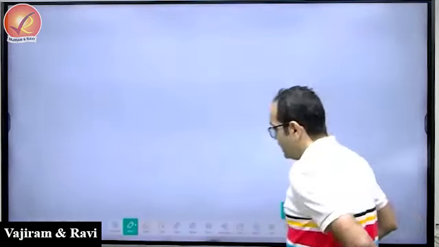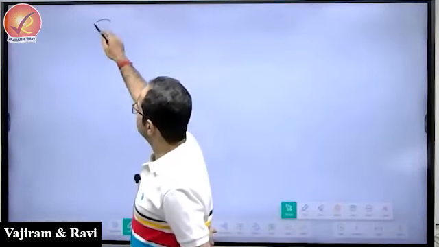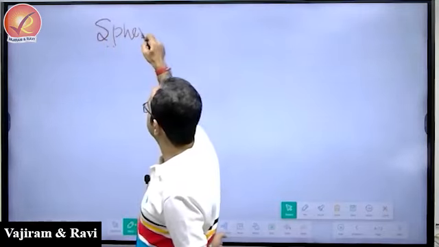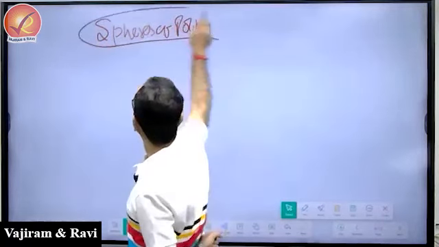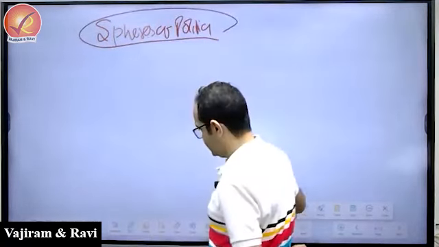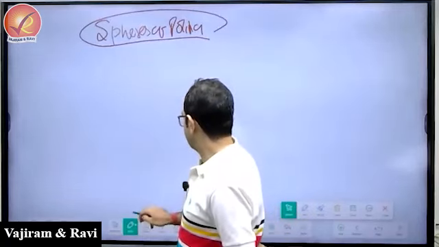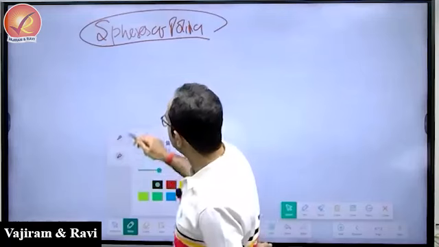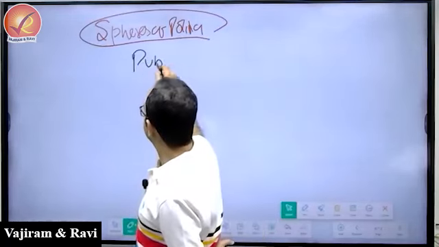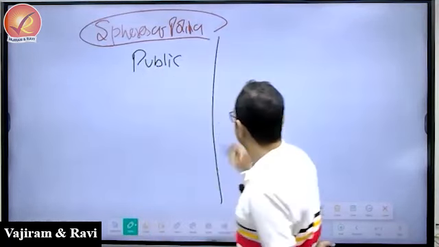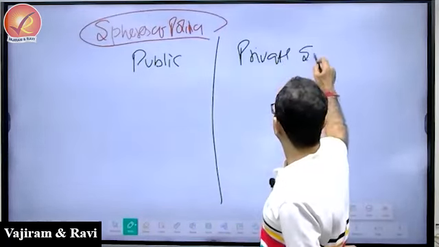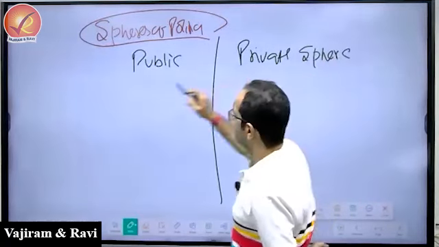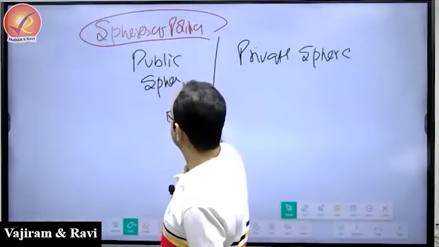And this is as far as the spheres of politics are concerned. It is said that the traditional view of politics talked about separation between public and private sphere. Public sphere and private sphere.